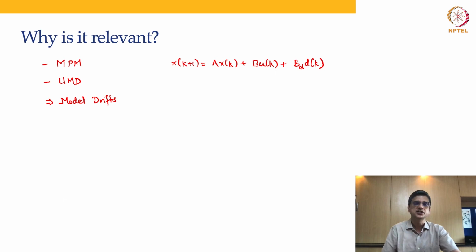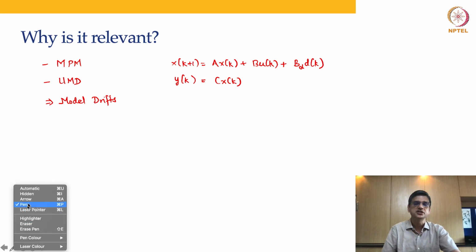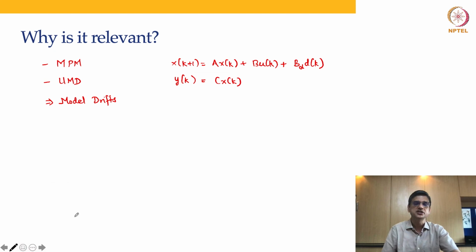In order to ensure offset-free MPC, let's also write down y_k equal to C x_k. Okay, we need to add some kind of a disturbance, an integrating noise over here.